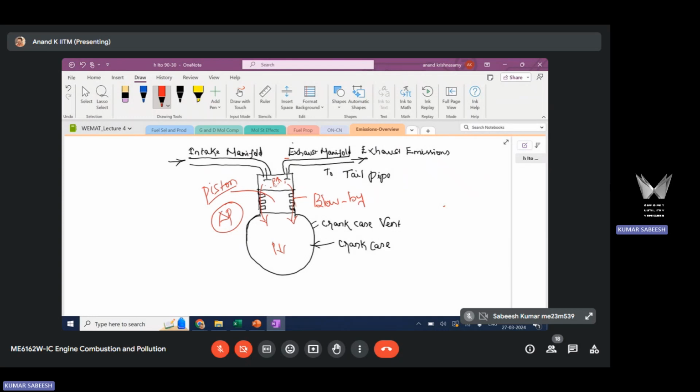You need to account for thermal expansion based on the material you use to construct the piston. So you have a radial clearance and you have a delta P. The combination of this results in blow-by, wherein the high pressure gas leaks from the combustion chamber and goes all the way to the crankcase. This gas will have fresh mixture, it will also have fuel vapor. It will have everything.